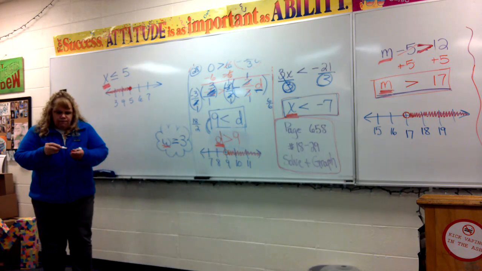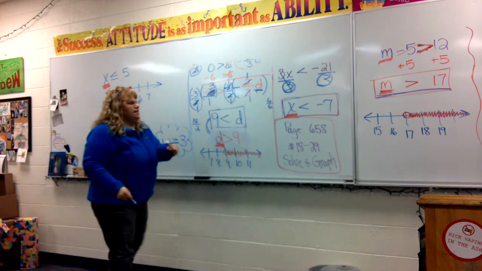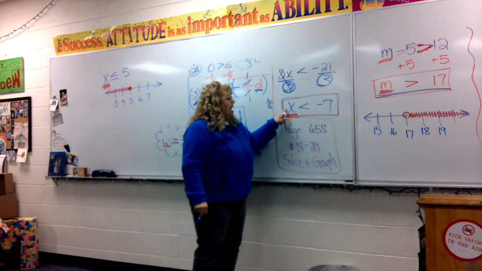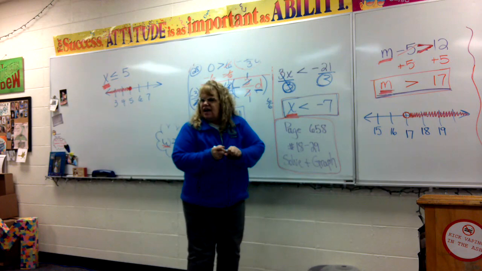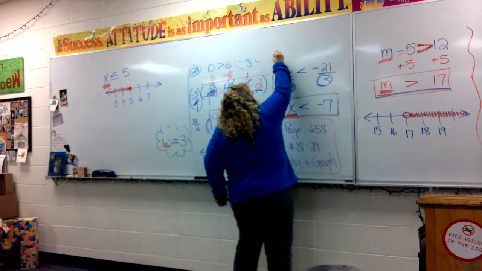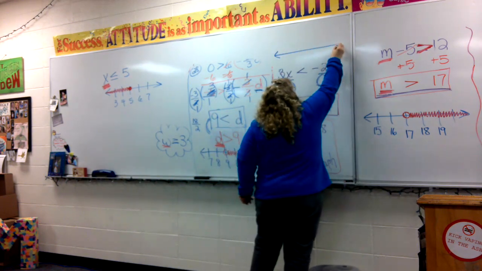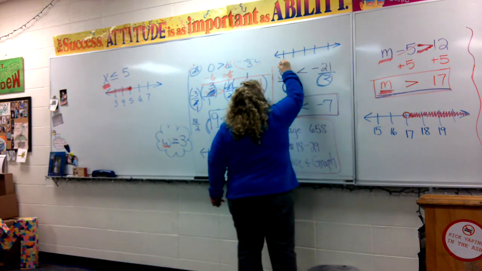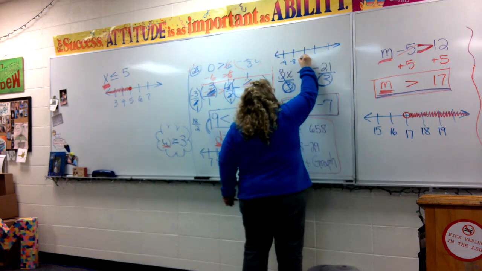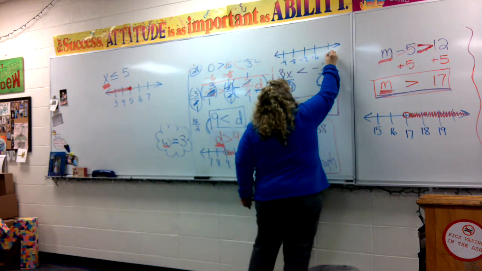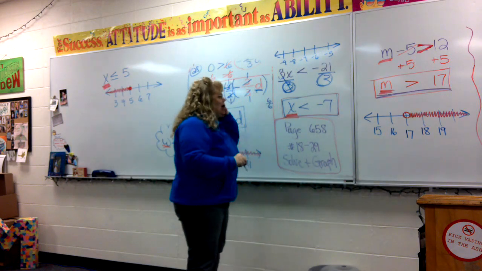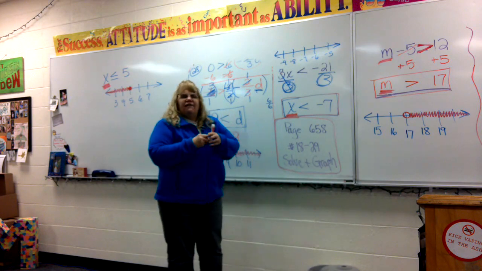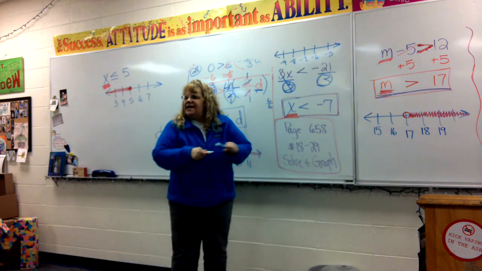Well, that's helpful when you get to things like this. x is less than -7. Oh boy. I have trouble knowing what's bigger than -7 and what's smaller than -7. I go to -7 and make my circle. Do I color in?